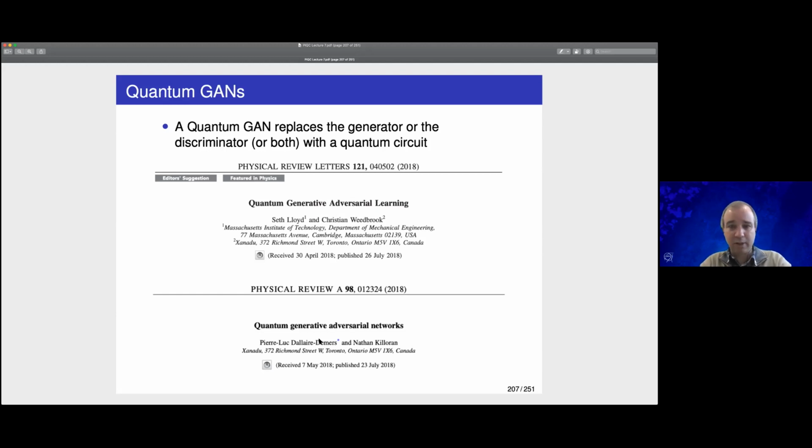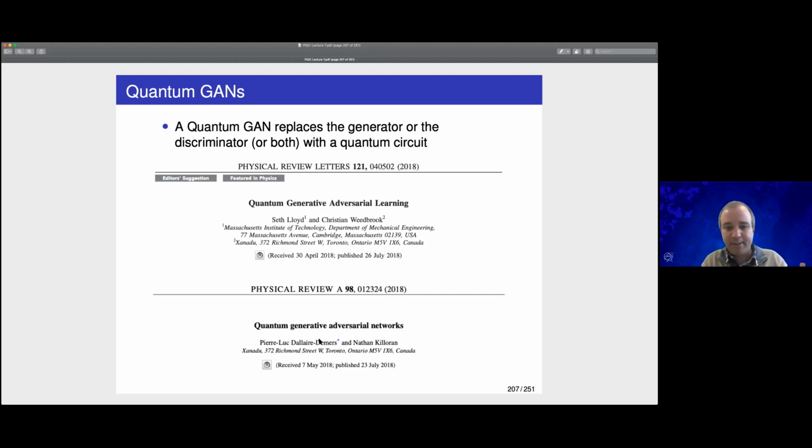Again, as I told you last week, the terminology is still not very clear. There are slight differences between one proposal and the other, but the main idea is the same for all of them: to take this architecture of the classical GAN and then change some of the neural networks, one of them or both, to be a variational circuit.